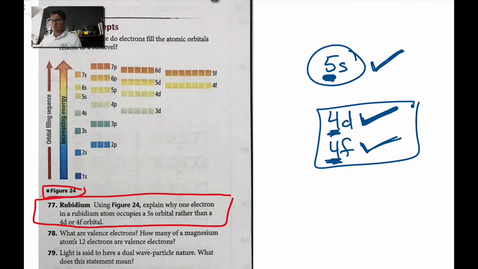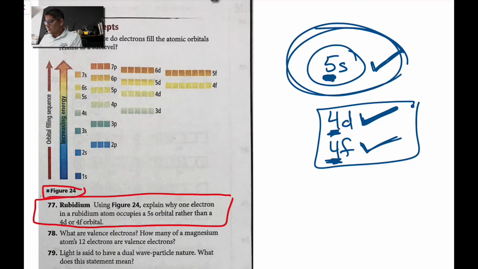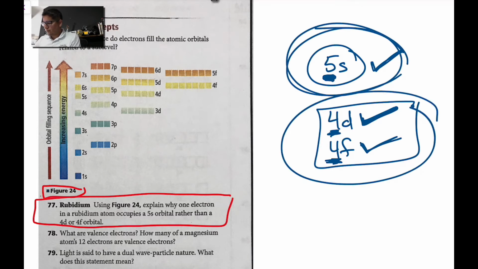So if you don't remember that part, go back and watch that video to get an understanding of what I just said. Because of that adjustment of the D block going up one and the F block going up two, that actually changes the way that we fill in the orbitals. In actuality, the 5s orbital will come before the 4d or the 4f.